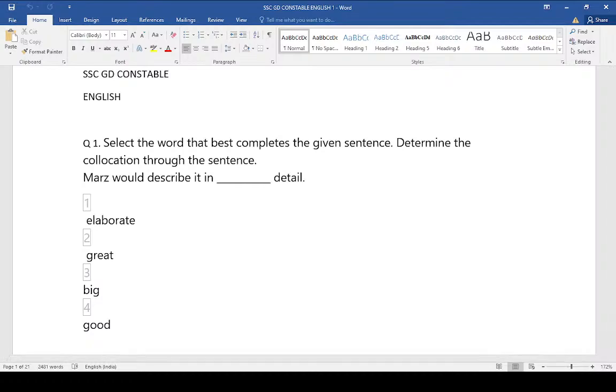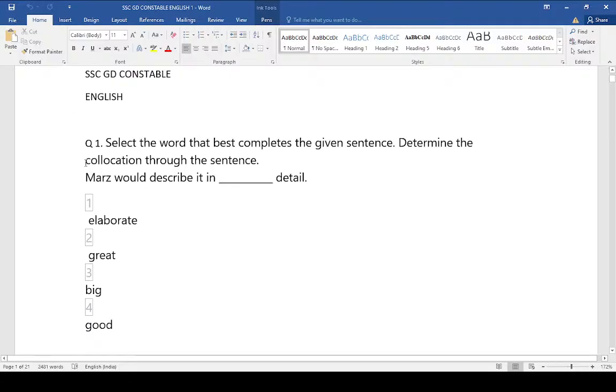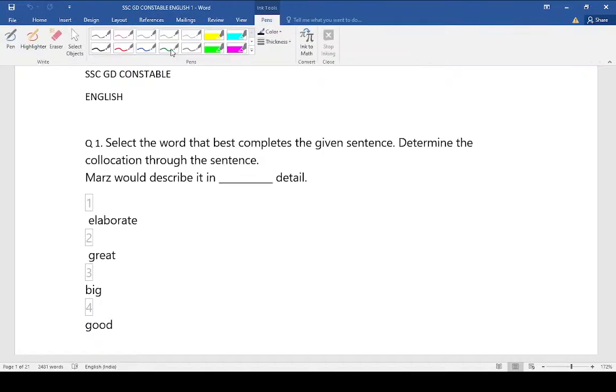Determine the collocation through the sentences. So here, first of all, we have to know what collocation is. What is the meaning of collocation? Its meaning is a familiar group of two or more words joined together.